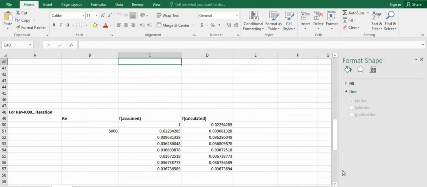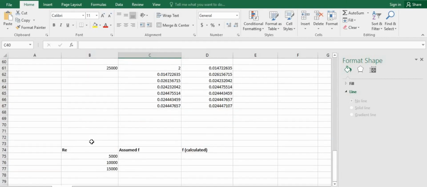So you press OK, and then you can create spaces for the Reynolds number, the assumed f, and the calculated f, which will be a function of the formula. So for the assumed f, you can put values of 1, even though the actual wouldn't exceed 0.1.